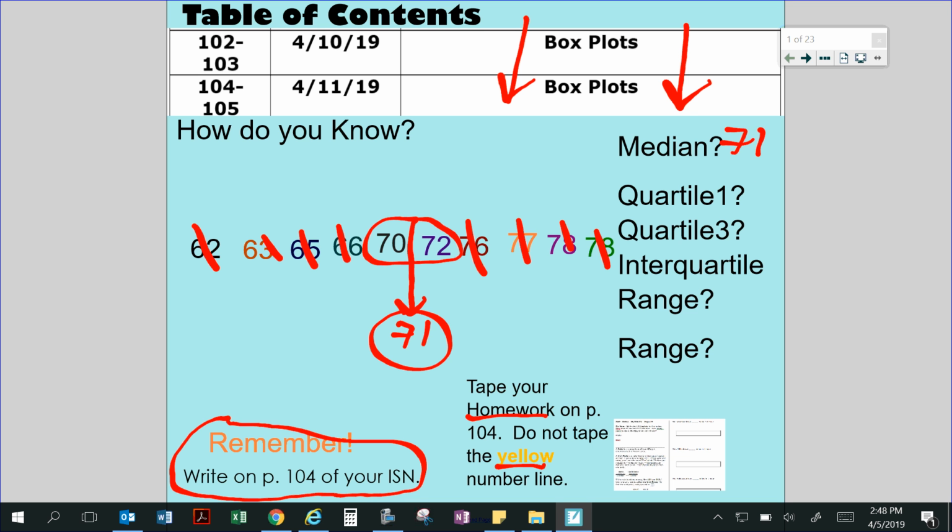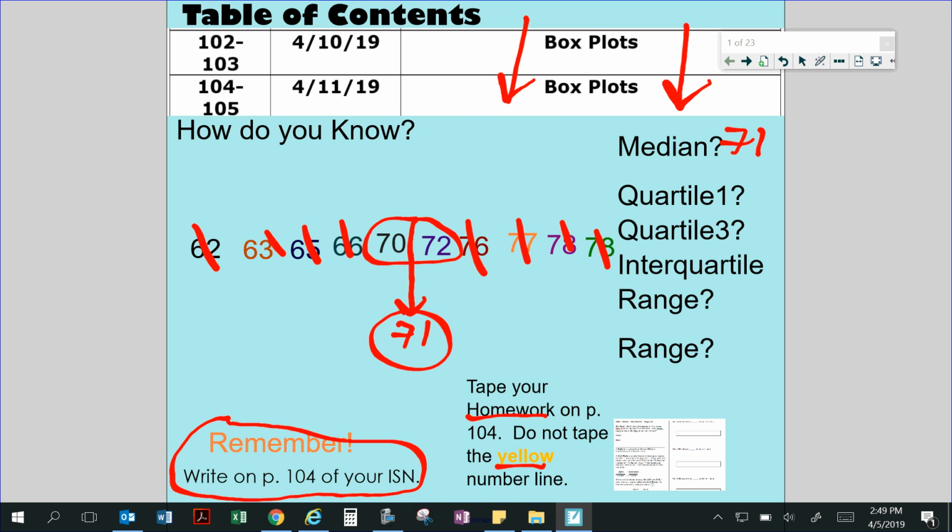Quartile 1 means the median of the lower half numbers. What numbers are lower than 71? 62, 63, 65, 66, and 70. Let me erase this.